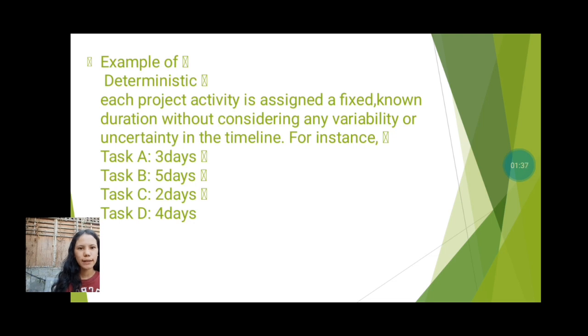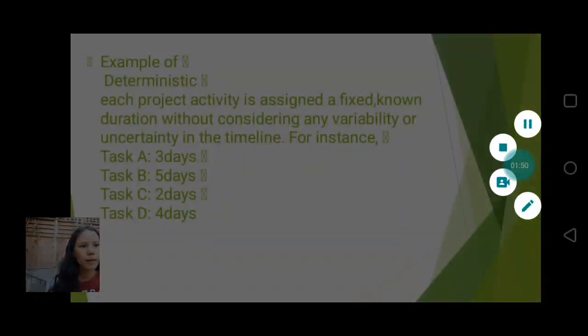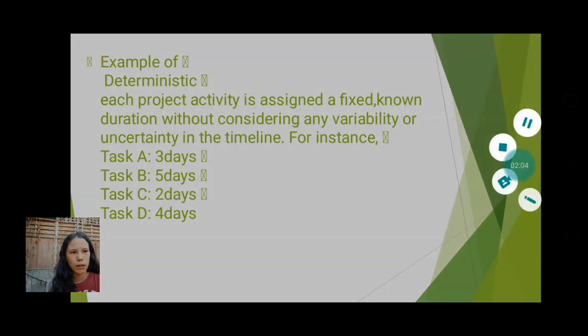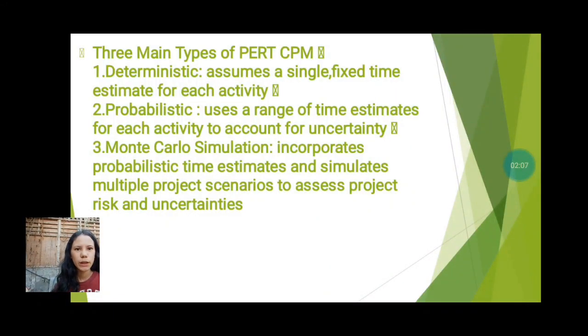For instance, task A is 3 days, task B is 5 days, task C is 2 days, and task D is 4 days. These fixed time estimates are used to create a precise project schedule without accounting for potential delays or variation in activity duration.